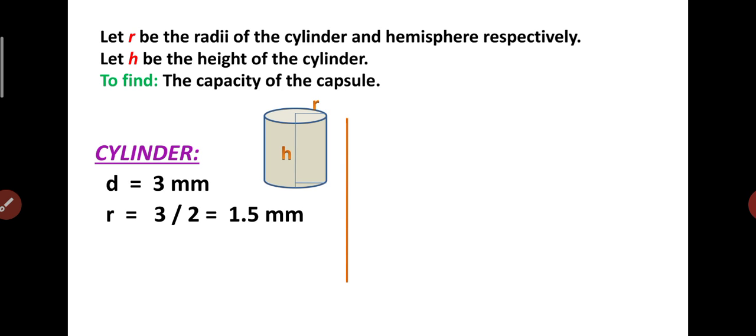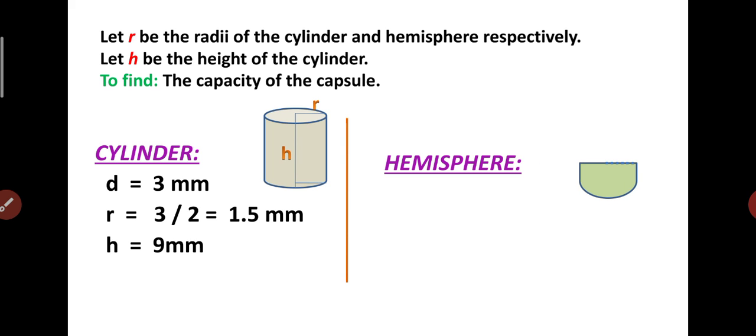This radius of the hemisphere acts as the height of the hemisphere. So 1.5 plus 1.5, 3 millimeter.